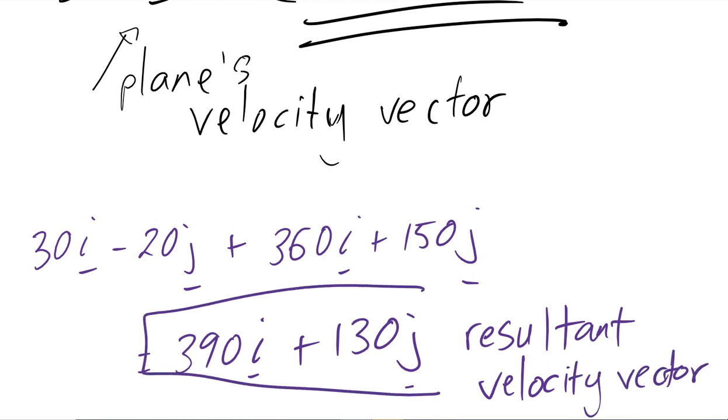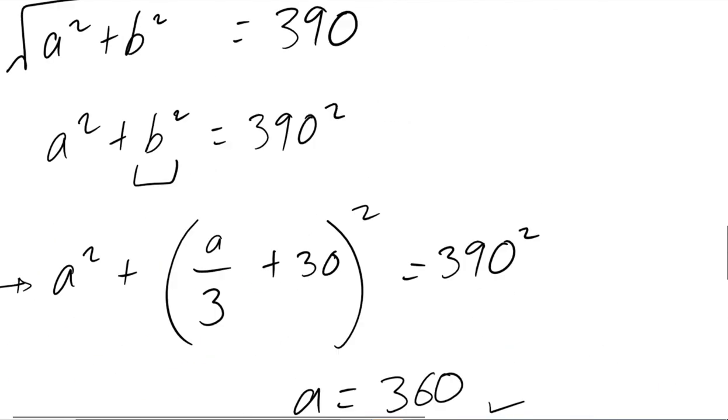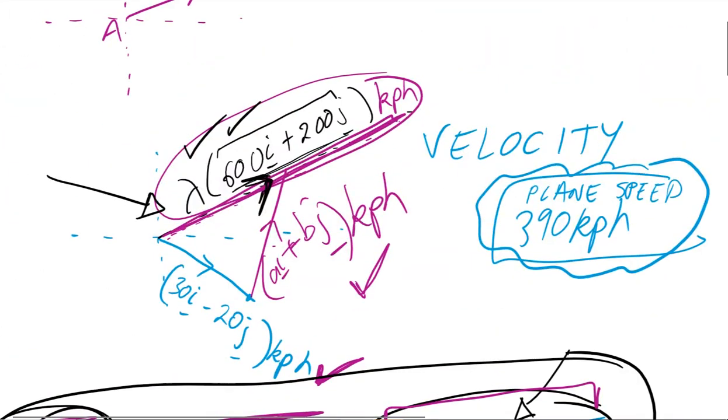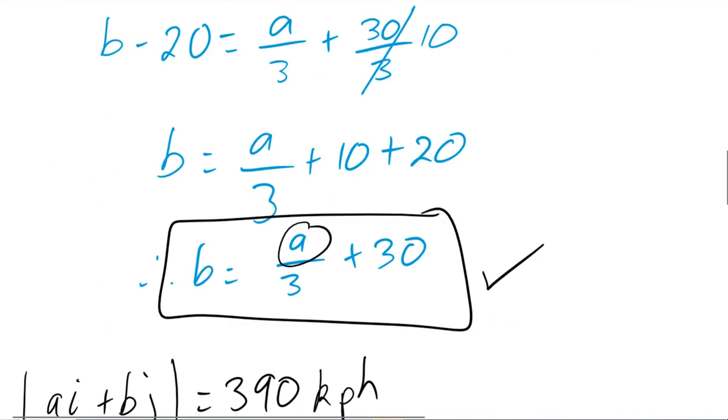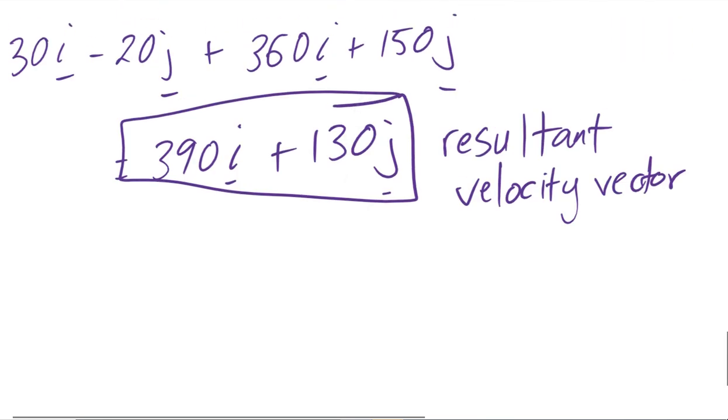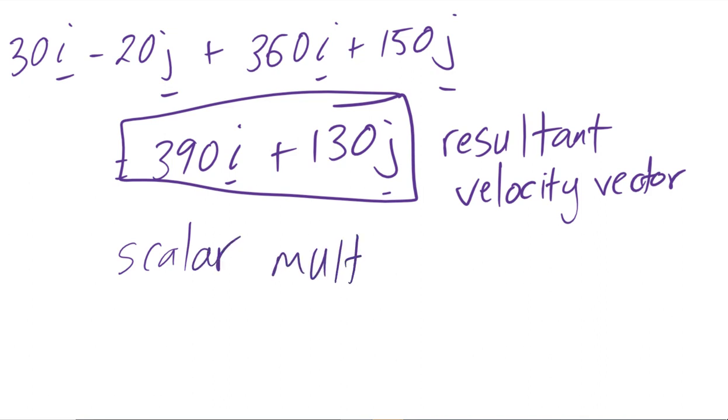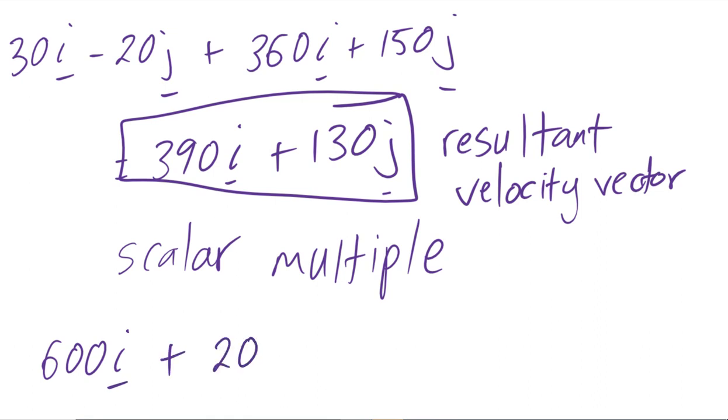So this vector here is essentially the vector for here. Now, if we've done this correctly, which we have, and we've used quite a bit of information, then this velocity vector here should be a scalar multiple, because it's in the same direction, of our original displacement vector, which was 600i plus 200j.